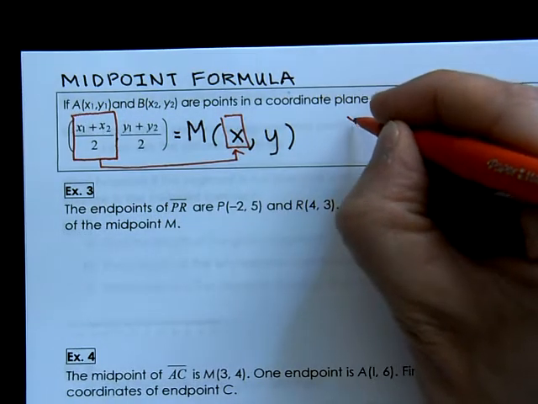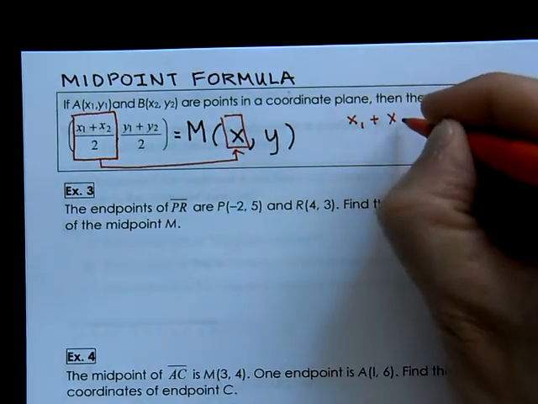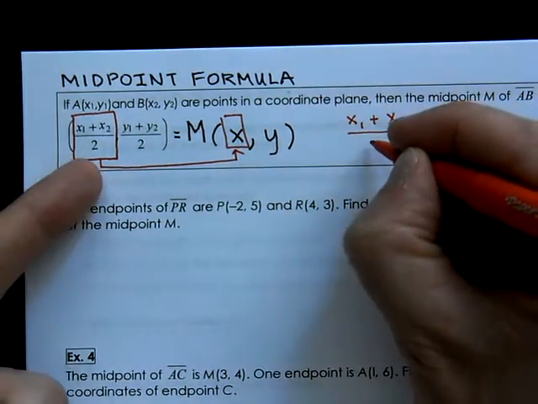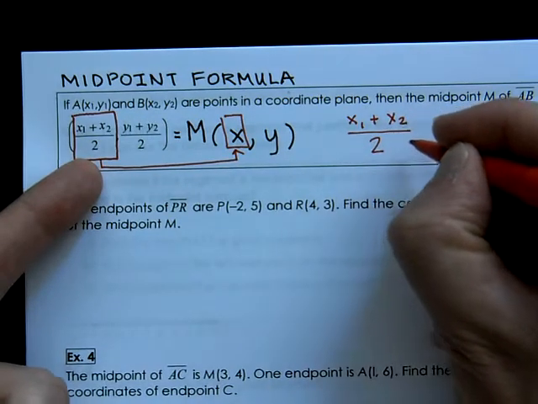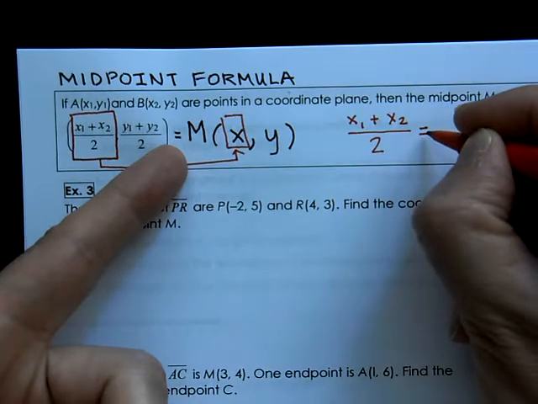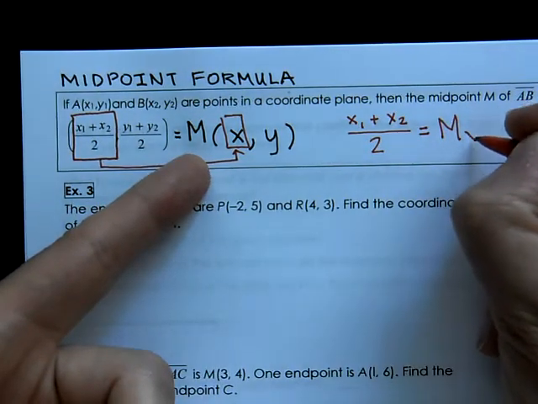So if we were just adding up the x-coordinates of the endpoints, it looks like we're starting off the same. But then I'm writing down exactly what that gives us. What does that give us? Well, that gives us the midpoint's x-coordinate.